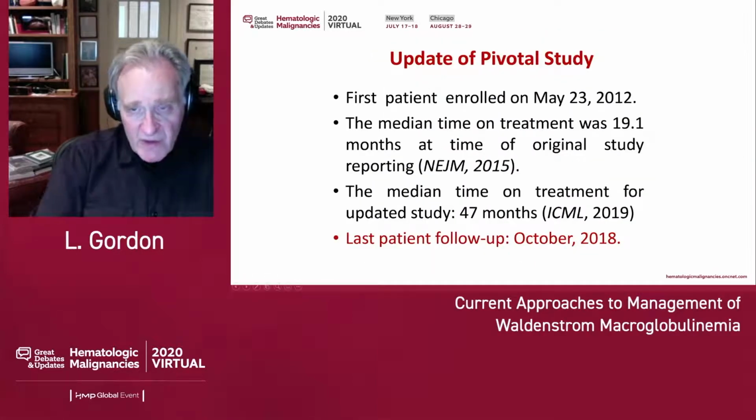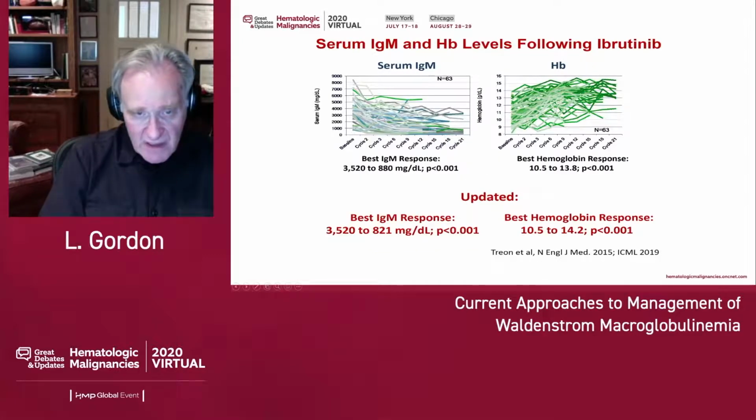The first patient was treated in May 2012. Median time on treatment was 19 months at the time of the original publication, and the update, which was presented in Lugano last year, the median time on treatment was 47 months. And the last patient follow-up, the data lock, was October 2018.